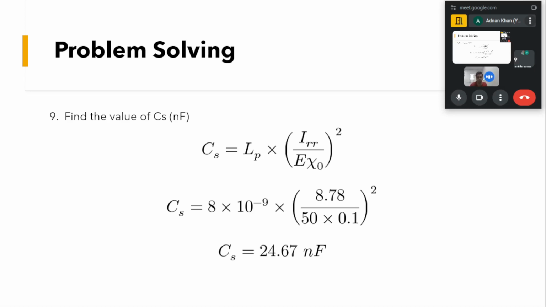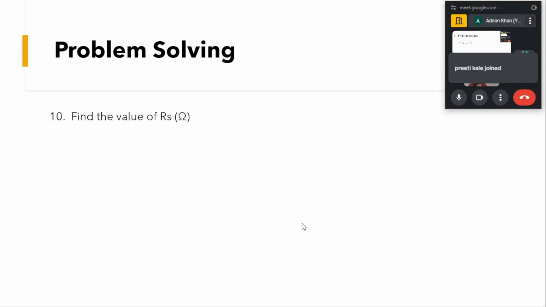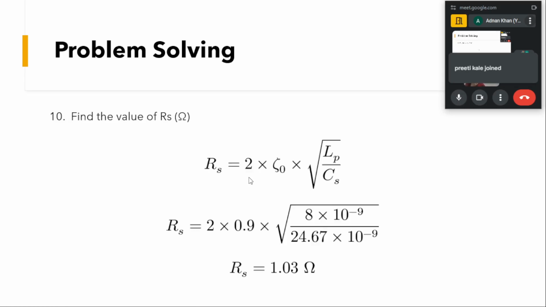Now if we want to do the compromise design, then we have a particular value of this capacitor. Now in a similar fashion, we have to find the value of RS using the similar equation. Xi naught is given, LP and CS we calculated right now. R comes out to be around 1.03 ohm.